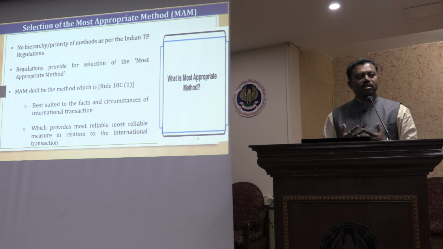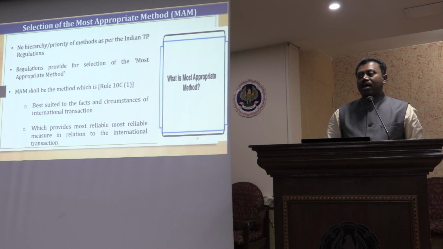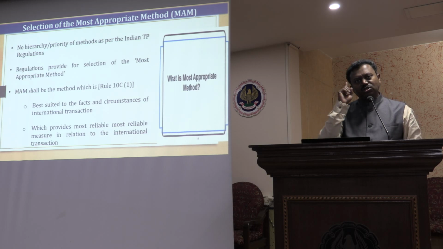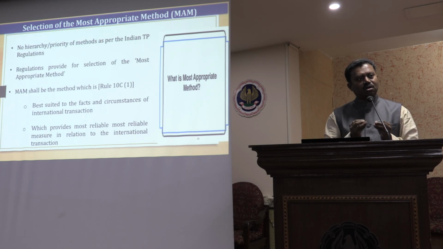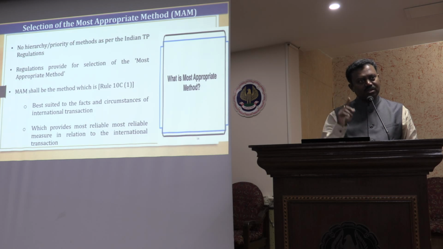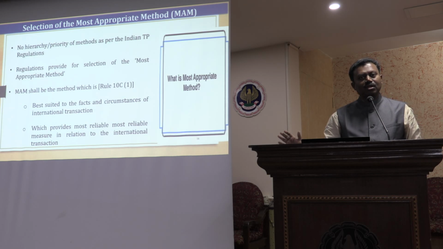The law then tells us, out of the methods that you have, at least in one method, prove that your transaction is at arm's length. This is the crux of transfer pricing. Out of the methods that you have, under any one method, you prove that it is at arm's length. And that obviously becomes the most appropriate method.